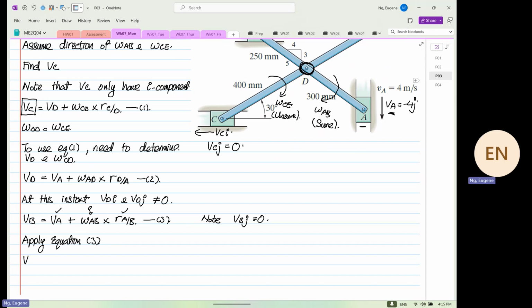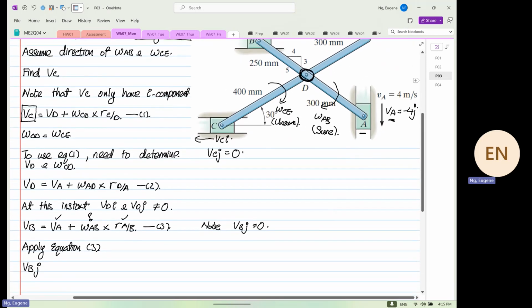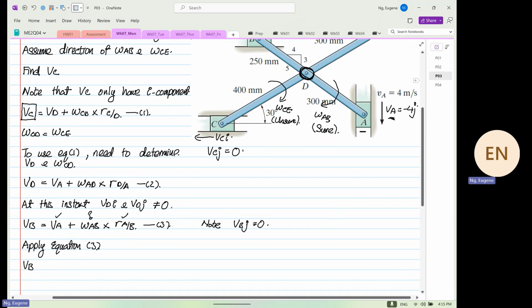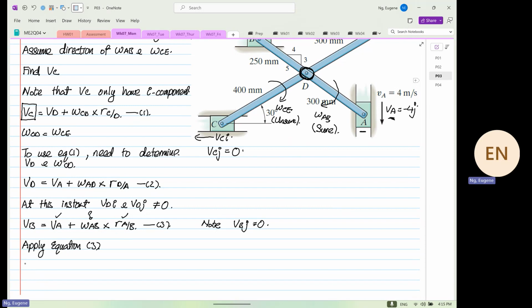So VB, we don't know. Oh sorry, VB, we know VB. There's only going to be what? VBJ and VBI. And we know that VBI will be what? Positive. So positive VBI is equal to VA, which is minus 4J, plus omega AB.